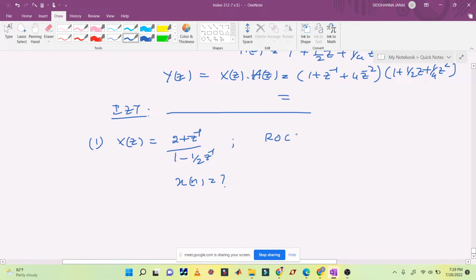ROC: z is greater than 1 by 2. This problem we can solve using partial fractions, but in the question itself it is given to use the long division method.